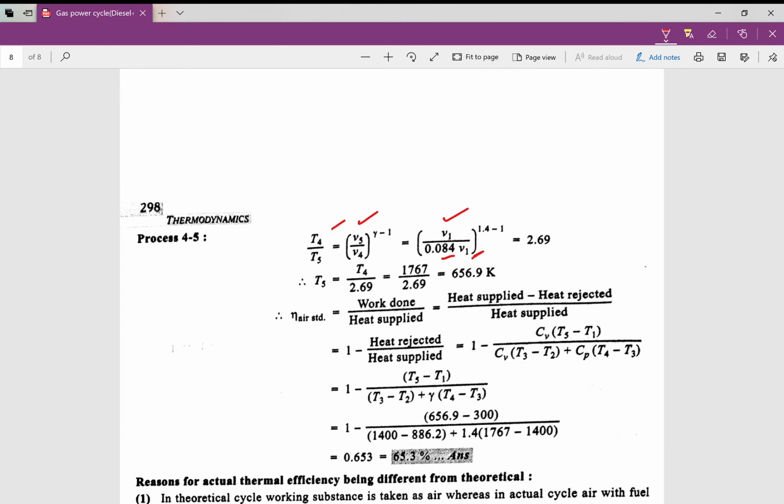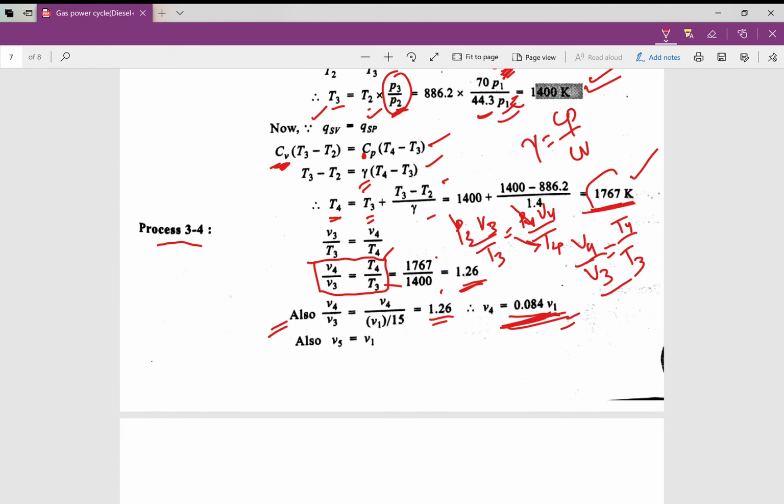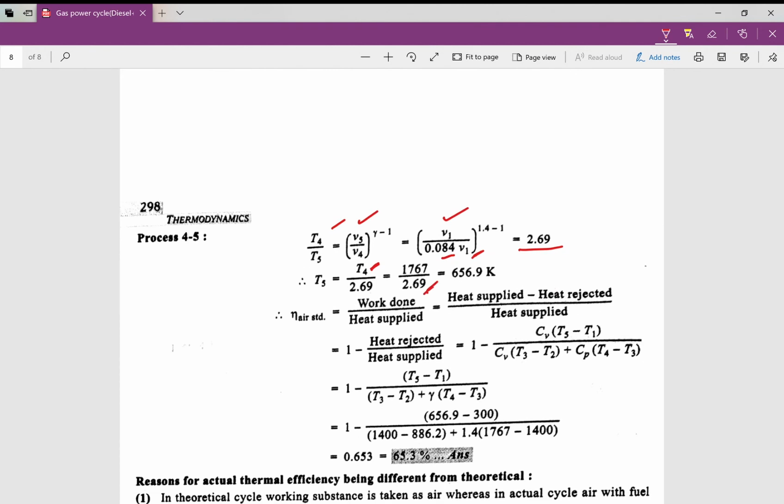And this ratio comes out 2.69. Now, dear students, since T4 is already calculated, this T4 should be utilized, taking help of this ratio, so we can get final temperature T5 after isentropic expansion is this much.